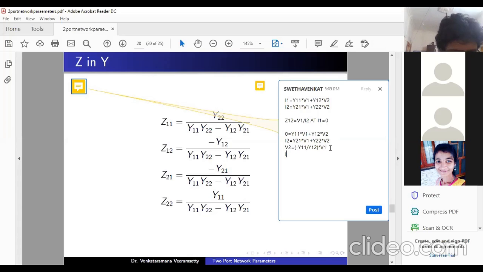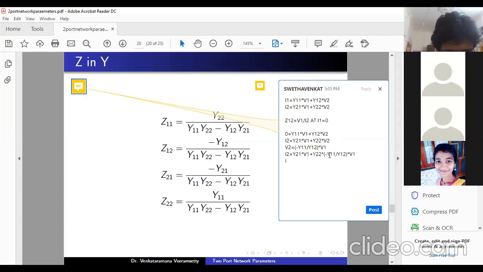Then what happened? I2 equal to Y21 into V1 plus Y22 into V2, right? So in place of V2, replace this one, minus Y11 divided by Y12 into V1.